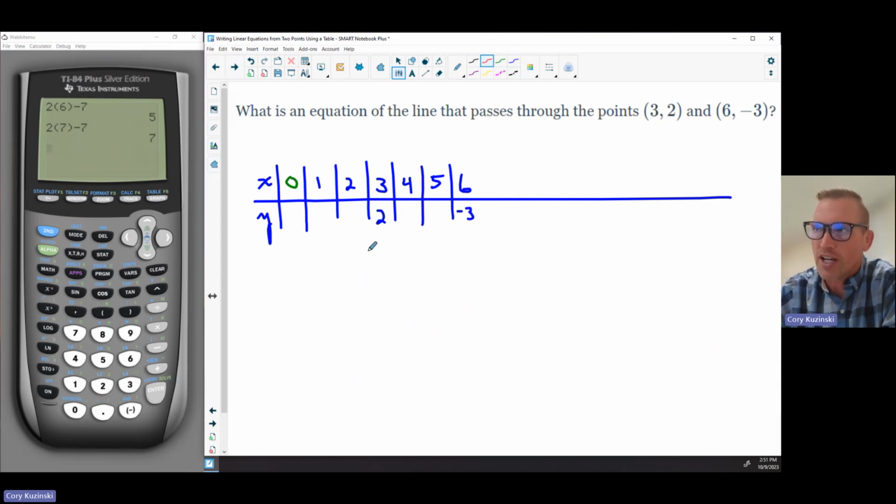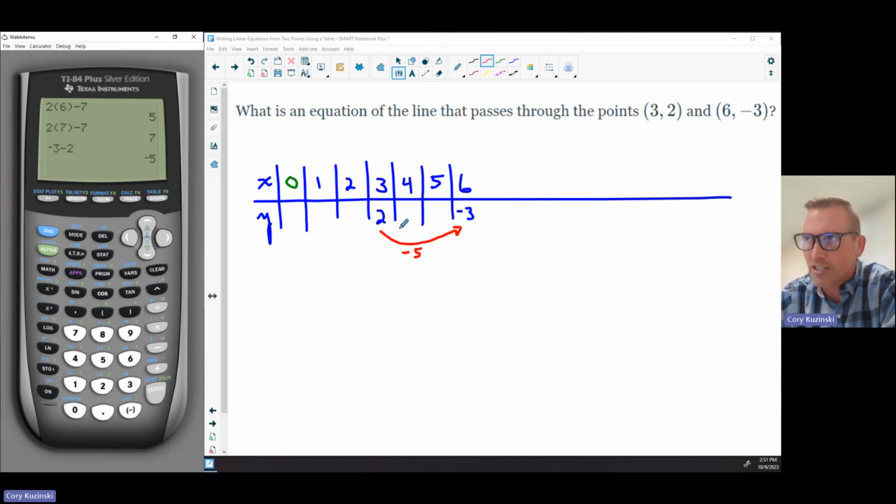We need to figure out change, or slope. That's a loss of 5. -3 minus 2 would be a good way to figure that out. And then this is a gain of 3. You just do 6 minus 3 to figure that out. So our m value is -5 over 3, which is pretty ugly. It's like this repeating decimal, -1.6 repeating.